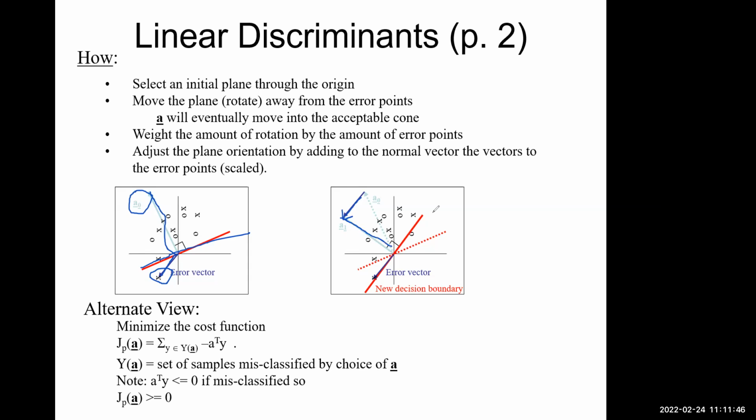We have a new normal vector, which gives us a new decision boundary, putting everybody on the right side of your fence. So rather than put the cow or the sheep back behind the fence, we're going to move the fence, by adding that error vector to our normal vector.